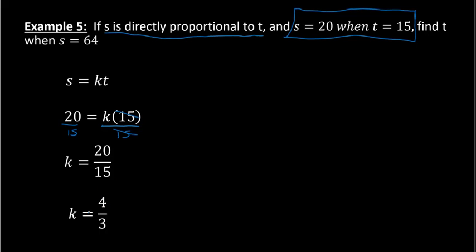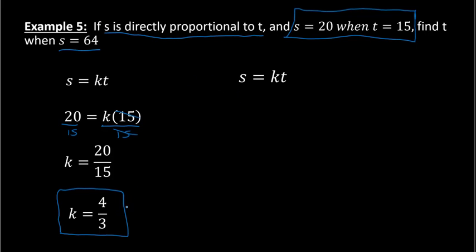So I know the constant, and that's why I use scenario 1. So I use this to find the constant. Now from here, I can do the equation one more time for scenario 2, where I plug in what I know. So I know that S is 64, and I know that K is 4/3. This constant does not change from scenario to scenario, right? It's a constant.